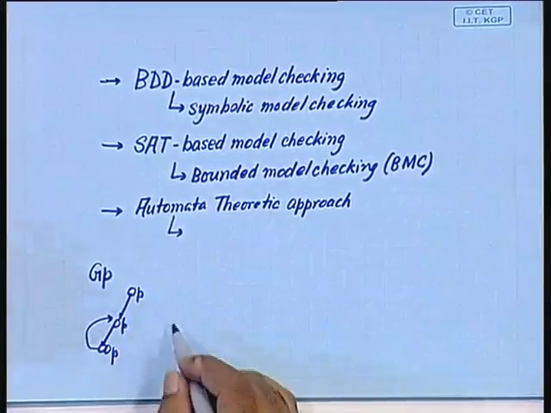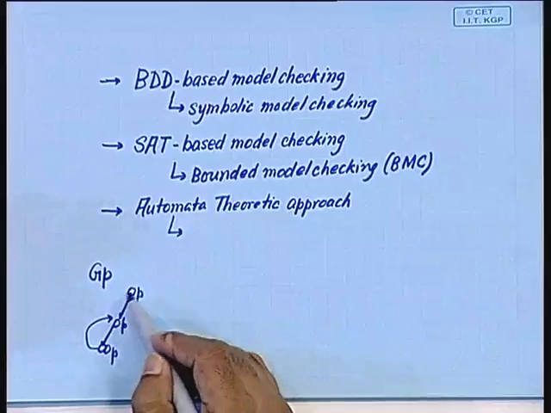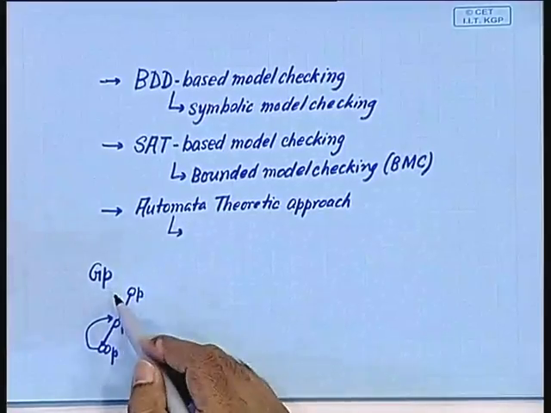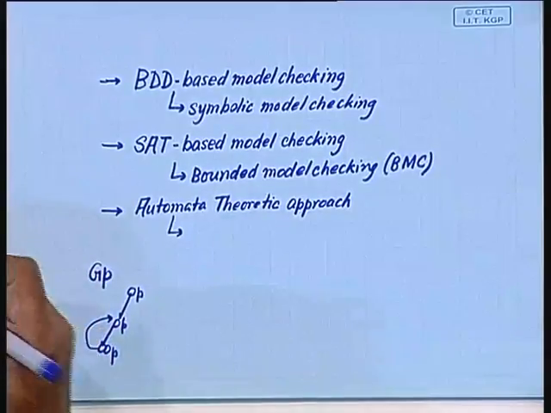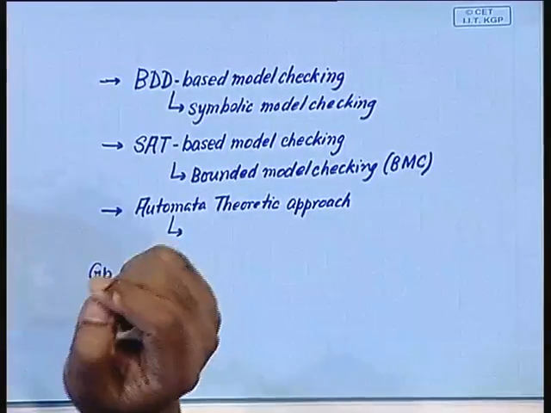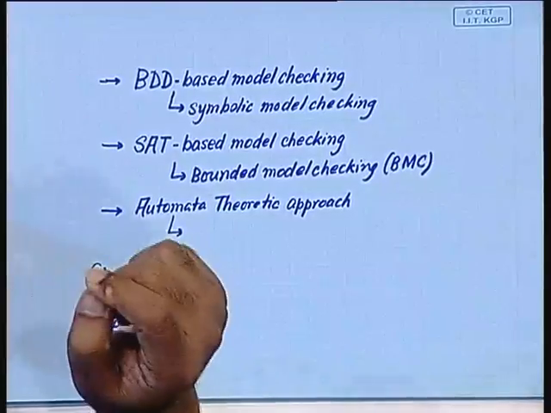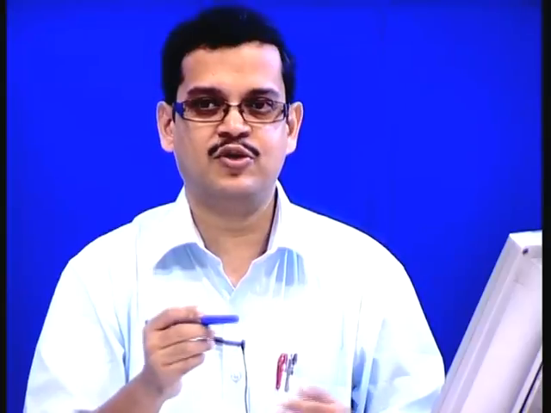When you find a loop, then you know that GP is true in this path, right. So, in your depth first traversal, you keep on seeing whether you have already reached a visited vertex, you have looped back to a vertex, and then you can take a decision about the truth of that property at that point of time. Okay. So, this is the way in which this on the fly model checking approach works.